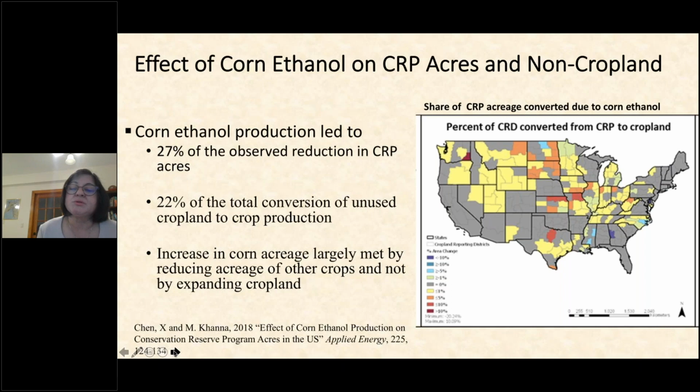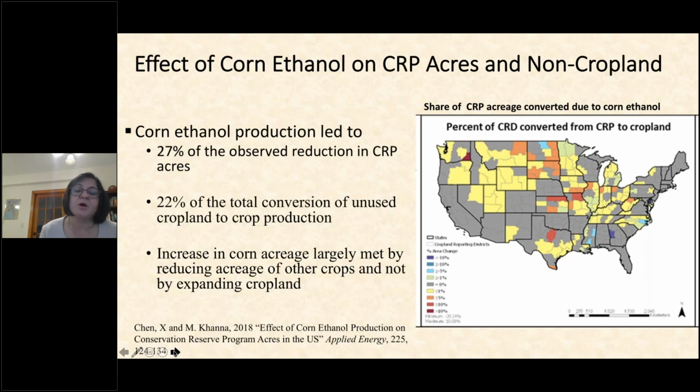The map here shows the areas where the share of the land that converted to crop production could be attributed to corn ethanol, and as you can see, it does map to some of the areas that you saw in the previous slides, in the North and South Dakota areas where there was land available for conversion, and then in the Corn Belt. But really, what we found is that even though corn acreage expanded in order to meet the demand for corn ethanol, a lot of that came about by converting land from other crops.